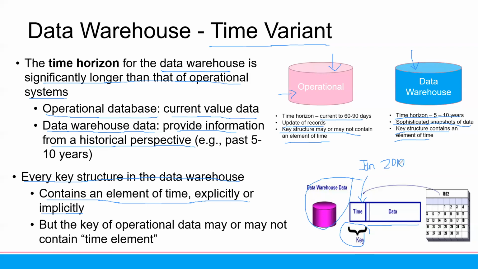So what happened in January 2010? Maybe you will have the sales, and then how many sales you got in January 2010, and so on. But the key of operational data may or may not contain a time element. So sometimes the operational data provides the time element, but many times they don't.